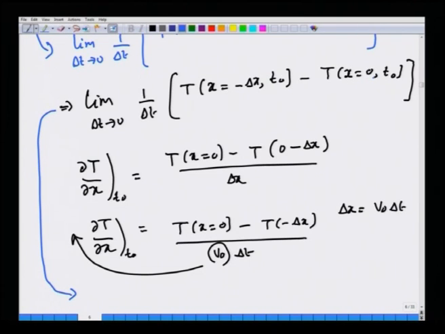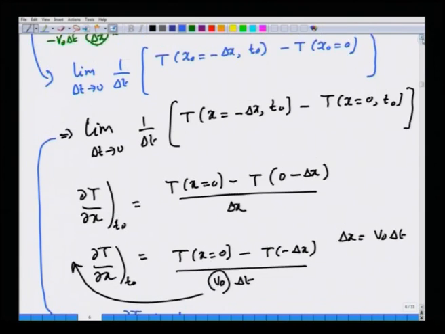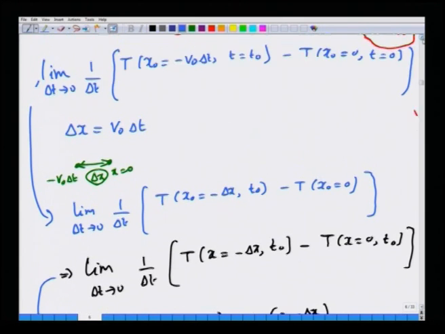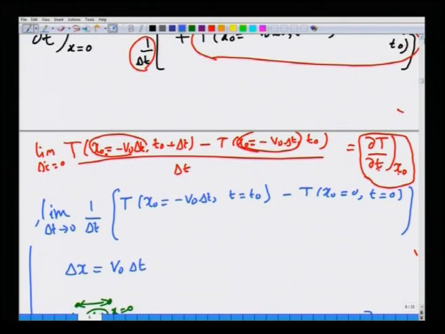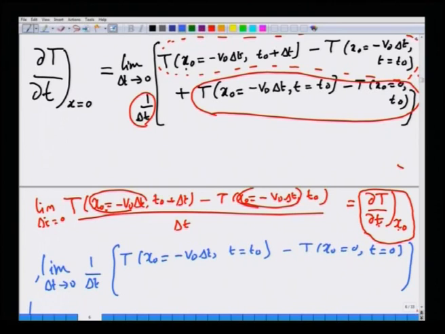This is nothing but minus partial T by partial x times v 0 delta t. So, if I go back to my original expression where I have two terms, let me simplify here itself, the partial of temperature with respect to time at x equal to 0.